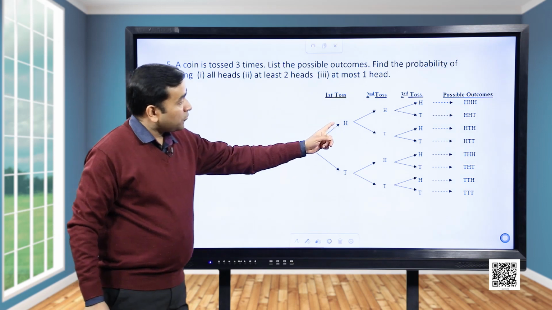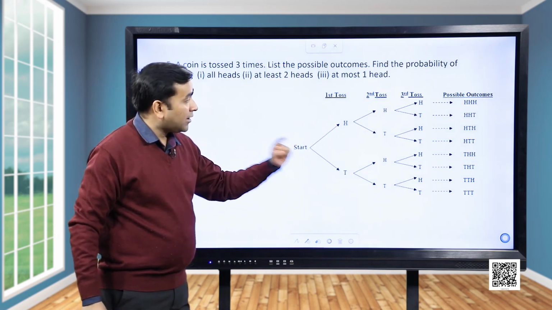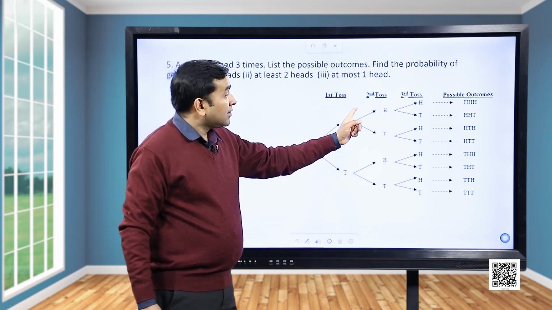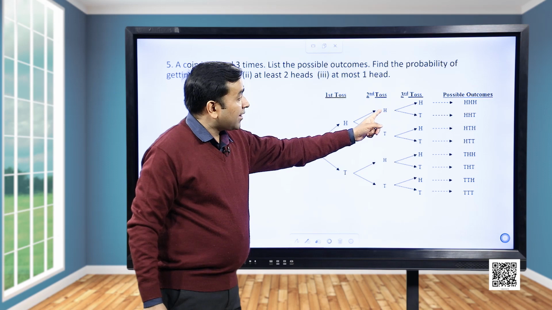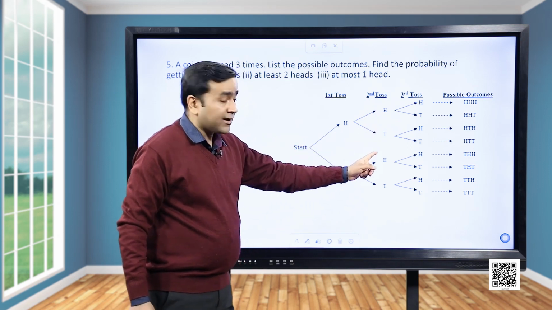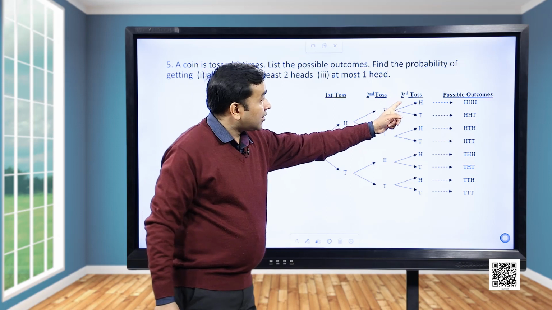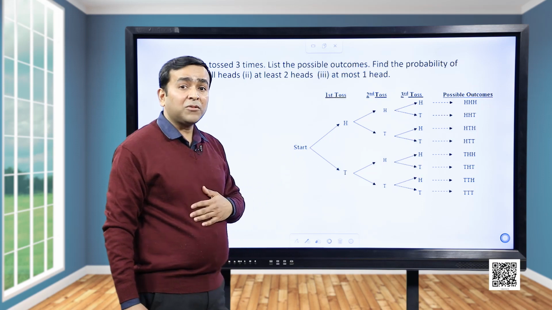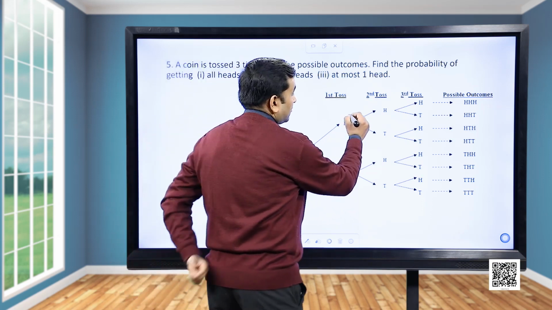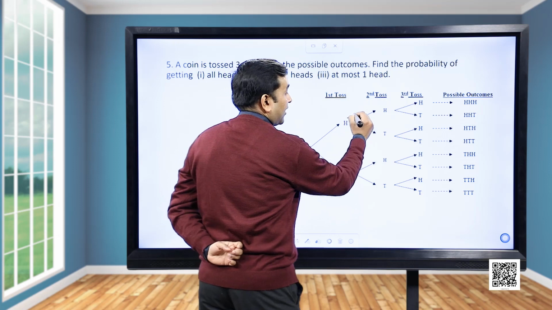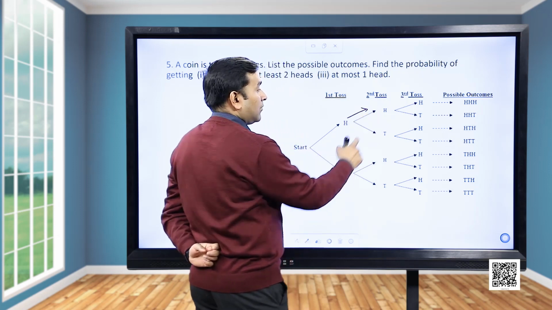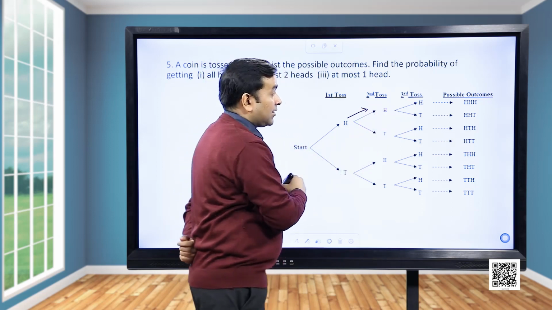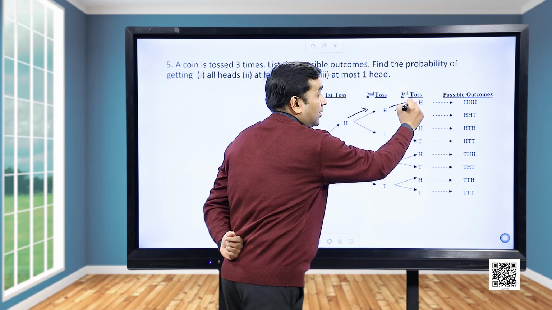On the first toss we get either head or tail. On the second toss, if we are getting head on the first toss, then on the second toss we can get head or tail. Similarly, for tail we can get head or tail, and for the third toss we can get all these possible outcomes. So, what are the possible outcomes? On the first toss, if we get head and then again we toss a coin, we again get head, right, and again we can get head or tail.